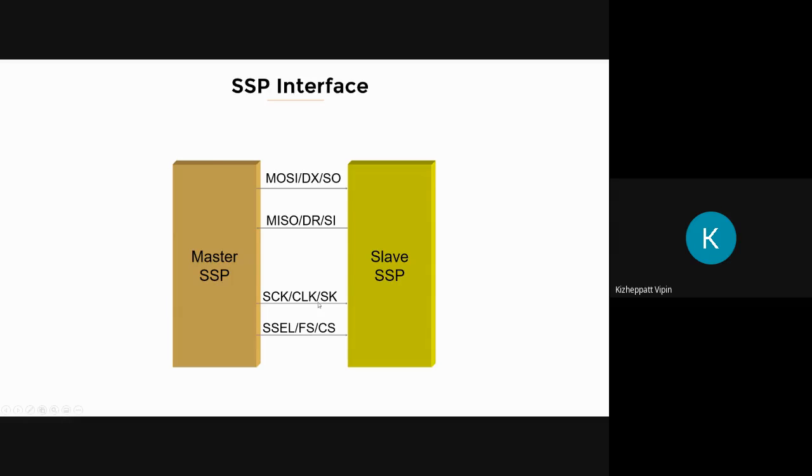If you are using the Microwire protocol, they are SO, serial out, SI, serial in, SK, serial clock, and CS, chip select. So the same wires have three kinds of incarnation, a kind of Trinity. Physically it is the same SSP interface, but you can configure it for any of these protocols. This much is okay?